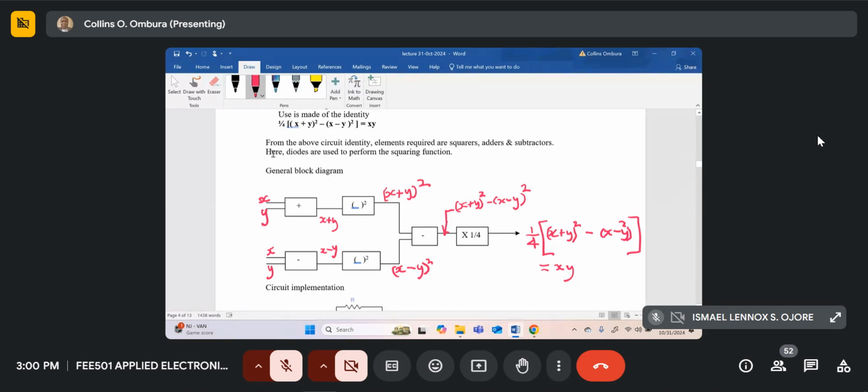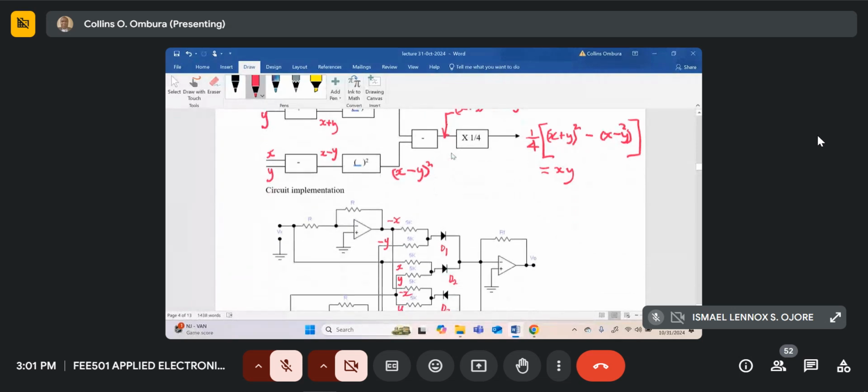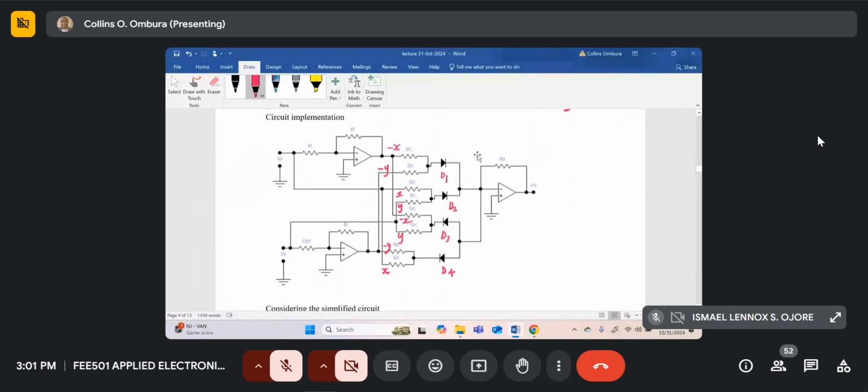Here we use diodes to perform the squaring function. When you study op-amps, it's very easy to understand how to make an op-amp add and how to make an op-amp subtract, so that is what you're going to use. This is the circuit implementation. You've got your input variable x here, and input variable y over here.